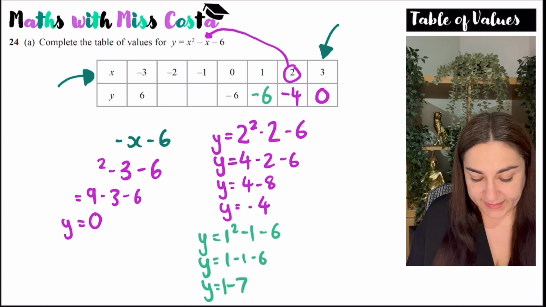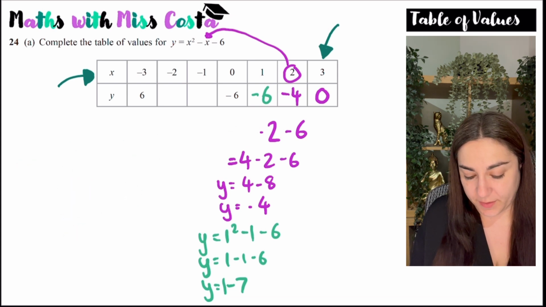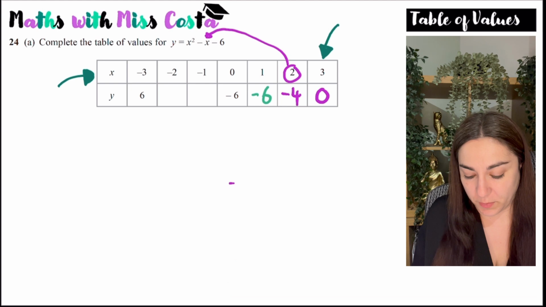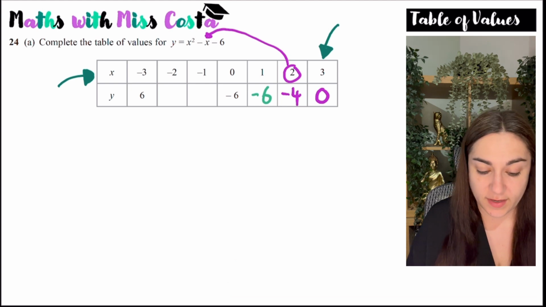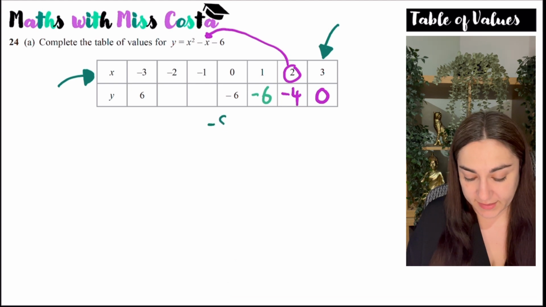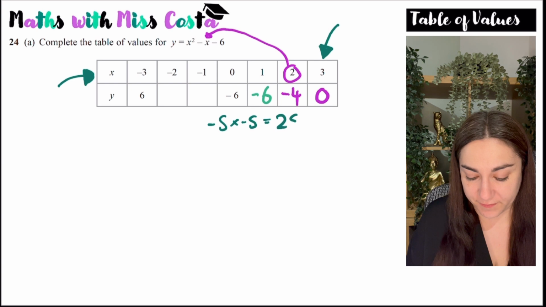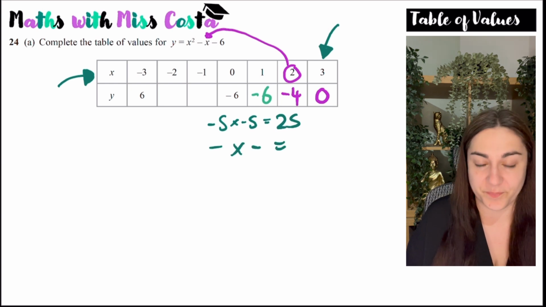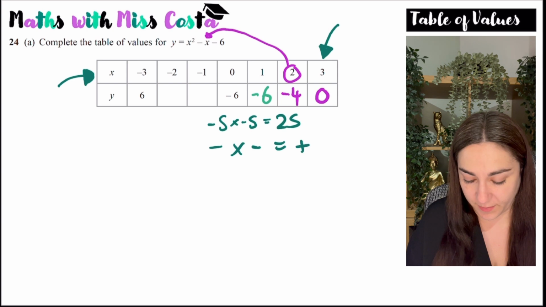Then it gets a little bit trickier with your negative numbers, and it's very important to remember when you're multiplying a negative by a negative, it gives you a positive result. So like negative 5 times negative 5 is positive 25. Any negative number times by any other negative number is a positive answer.